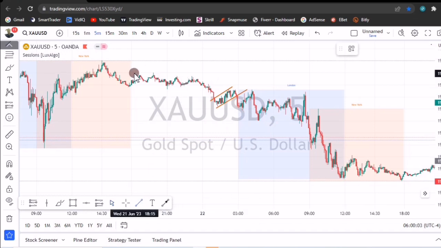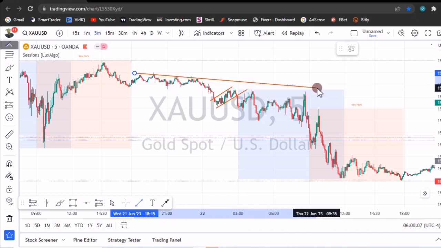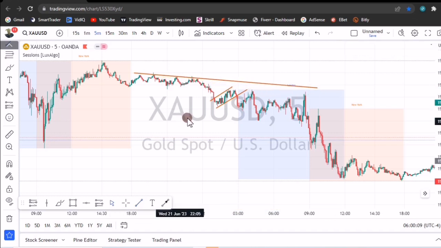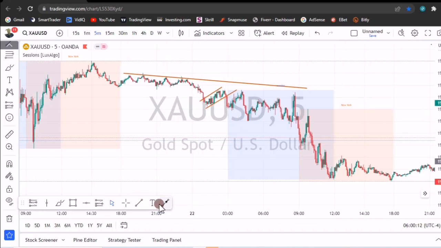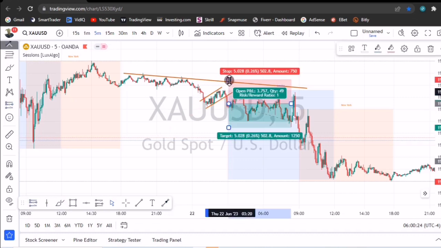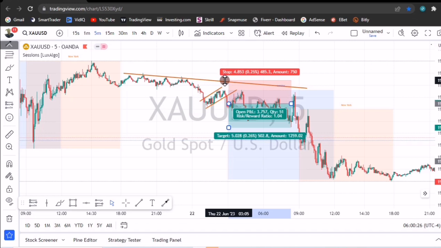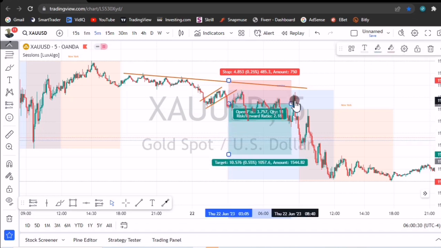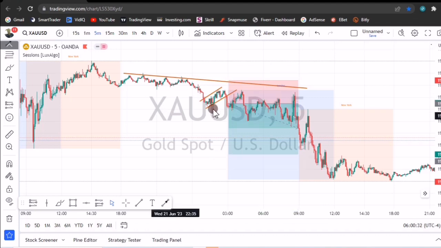Also identify this trend line right there, you extend it so that should price come and close above it, you will know that now gold is about to take off in the bullish direction. But right here you could have taken a sell trade. You put your stop loss just above that trend line, and that was the trade.